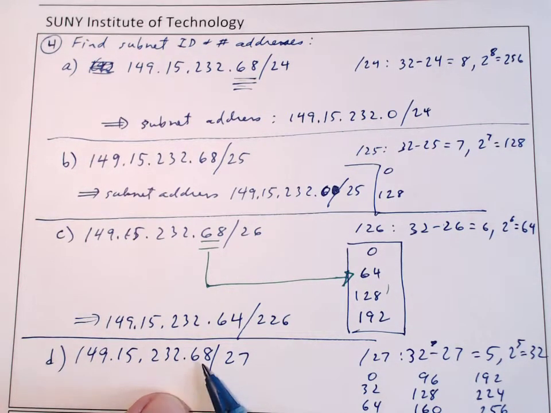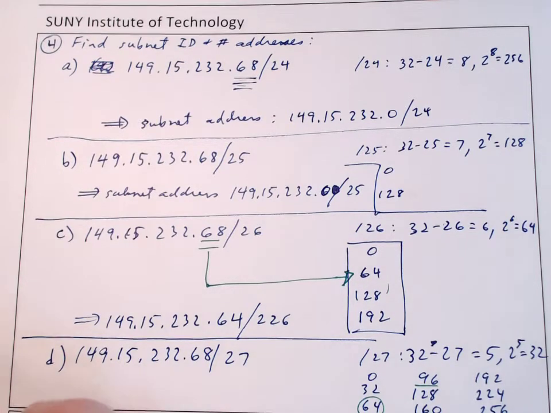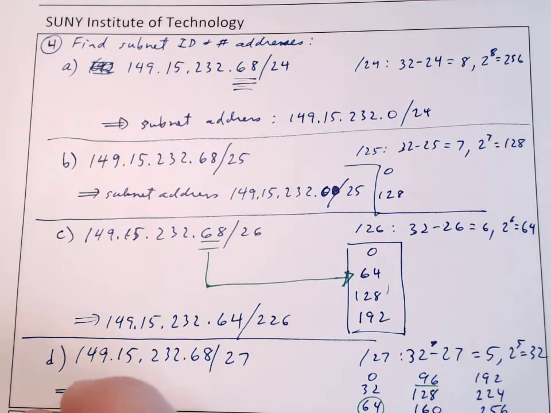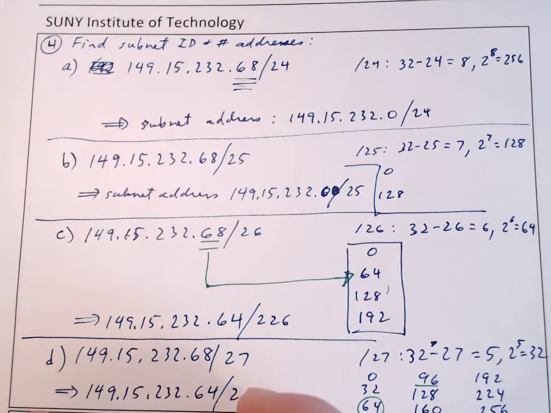Okay, so the question is, where does the .68 lie? And it lies in between the 64 and the 96. And so this one is also subnet ID 149.15.232.64/27.